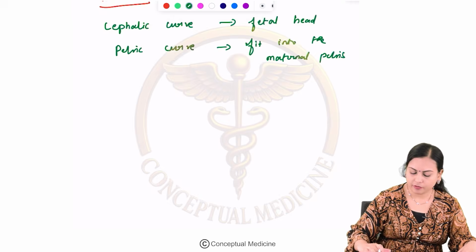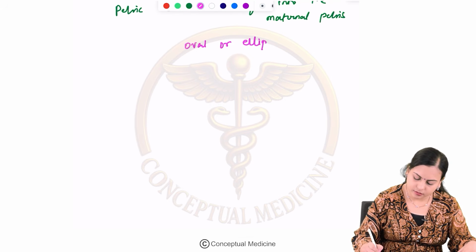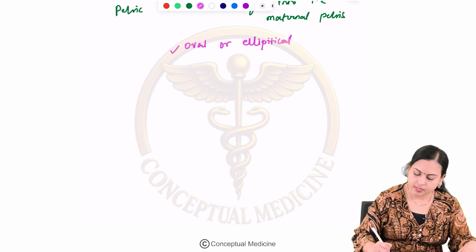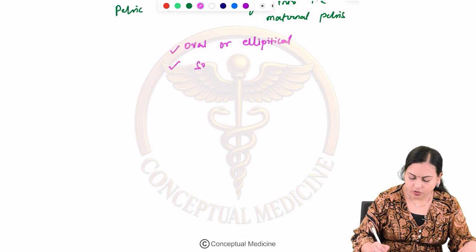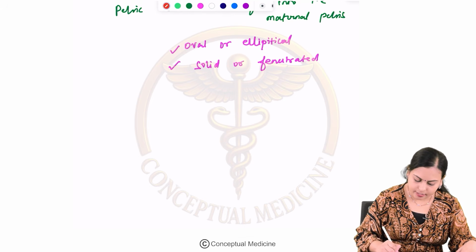And the shape of the blades can be oval or elliptical, as well as the blades can be solid or fenestrated as well. Clear?